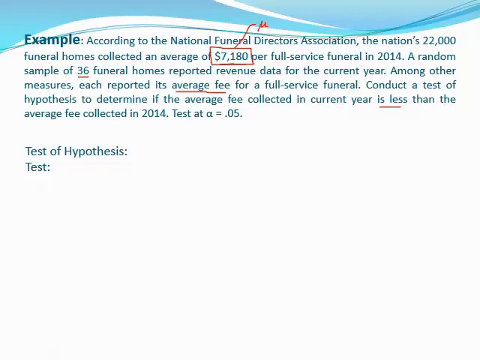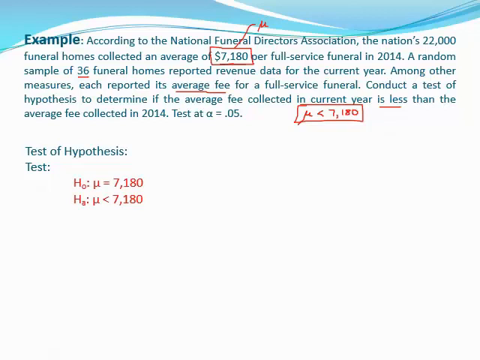We want to see if the average in the current year, that's going to be a mu, we're going to look at it through the eyes of X bar, but we need to see if that mean is less than what it was in 2014, which was $7,180. That's what we're trying to show. That's what we work with as the alternative hypothesis. And then we just dump in there an equal sign for the null hypothesis.